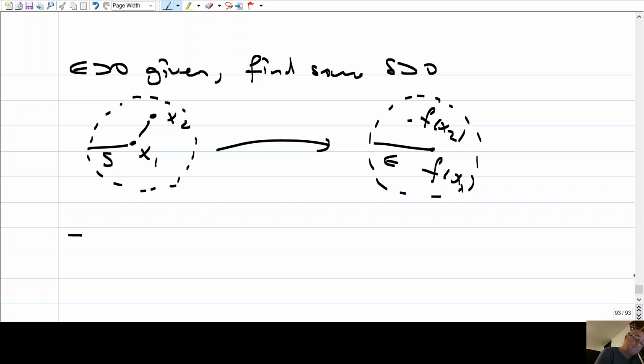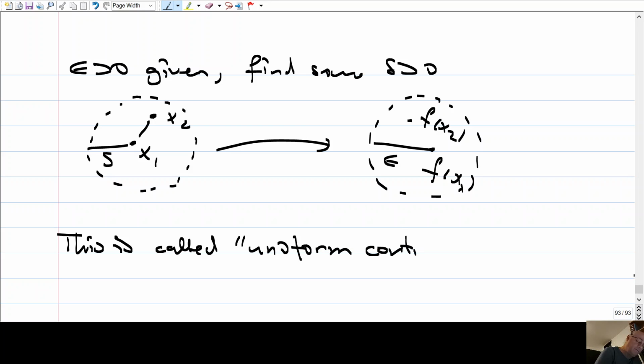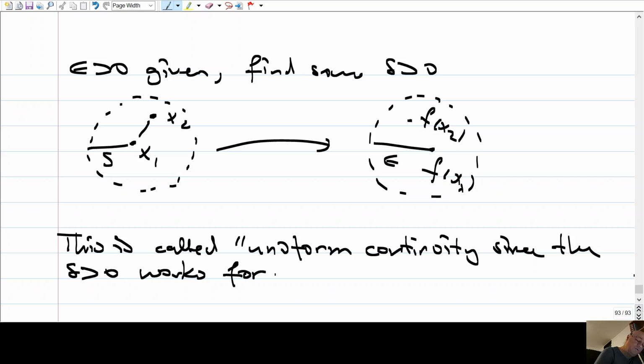Okay, this is called uniform continuity, since the delta works for all x in X, once epsilon is given.